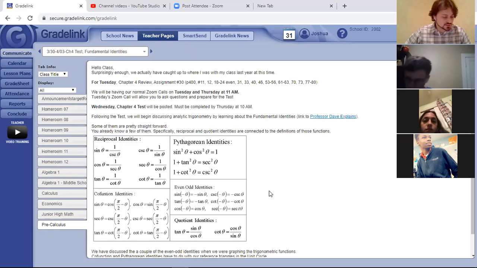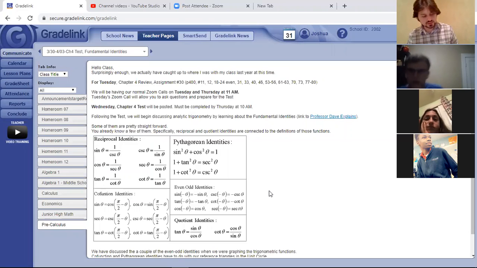Number 18 through 24, what you're going to do is evaluate the expression exactly without a calculator. So you use your unit circle for that. That way you don't have to go back and forth in your calculator between radians and degrees. Some of those you may remember. If you don't, I think it was 4.3 is where you get the unit circle in your textbook.